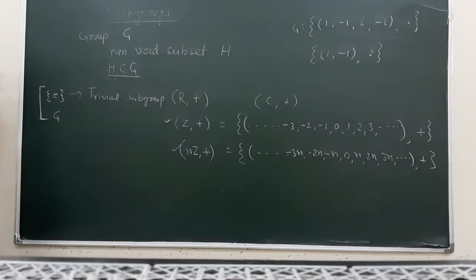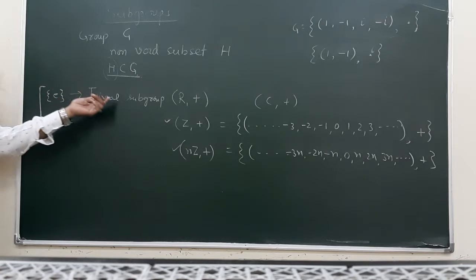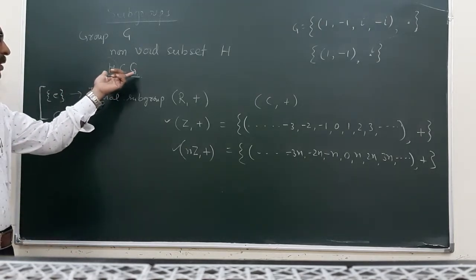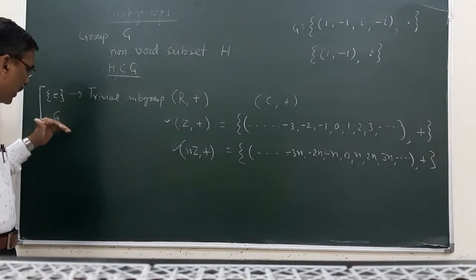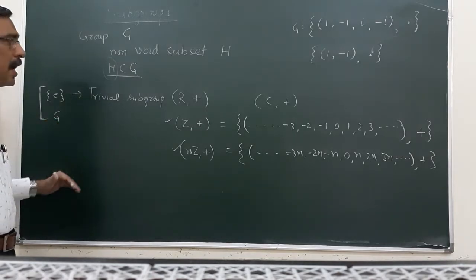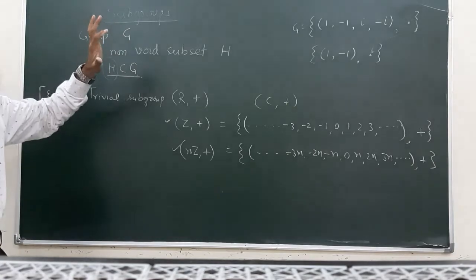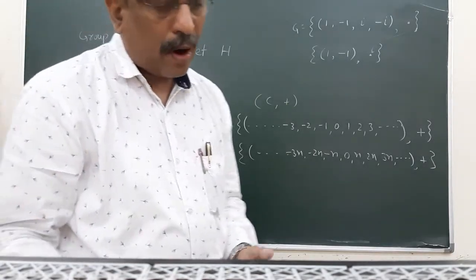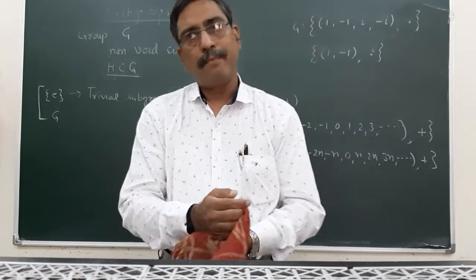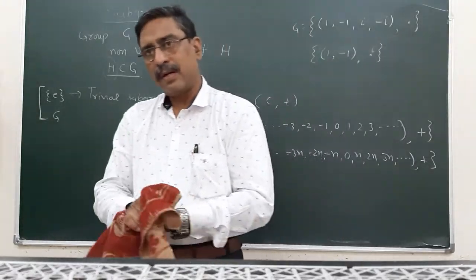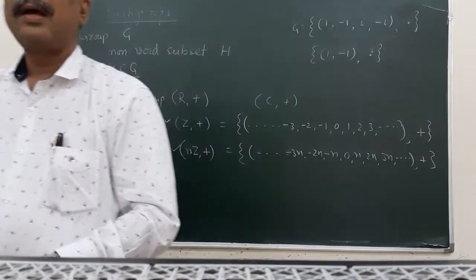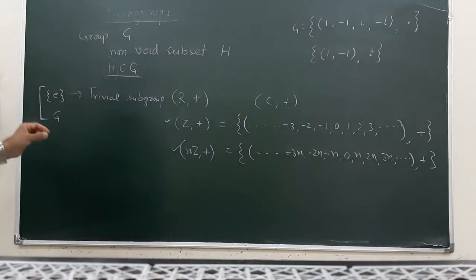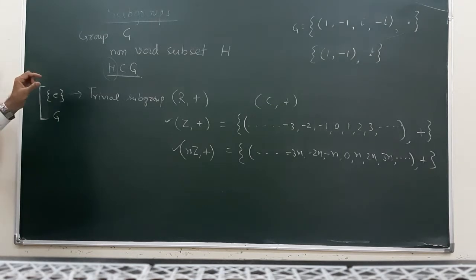So a group has a number of subgroups, and out of these, two are of different importance: E, the subgroup having only the identity element of the group, and G itself.